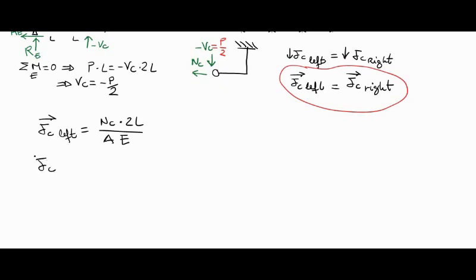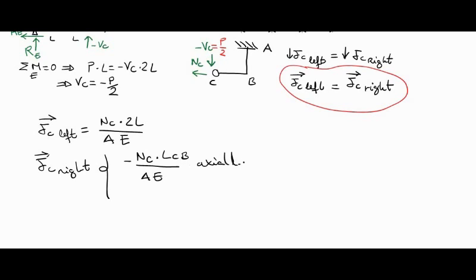On the right side, the deflection of C depends also on N sub C, which produces a lengthening of the bar CB, that is minus N sub C multiplied by the length CB and divided by the area of the cross-section multiplied by the Young modulus. This is because of axial load in CB.